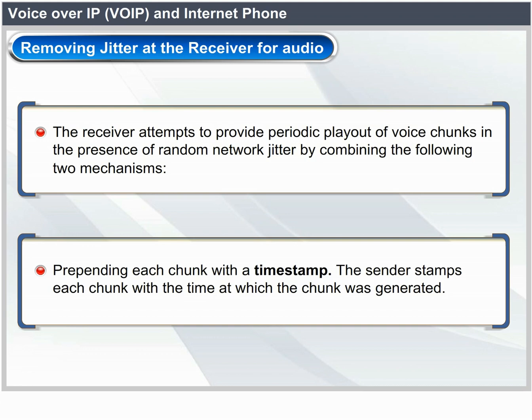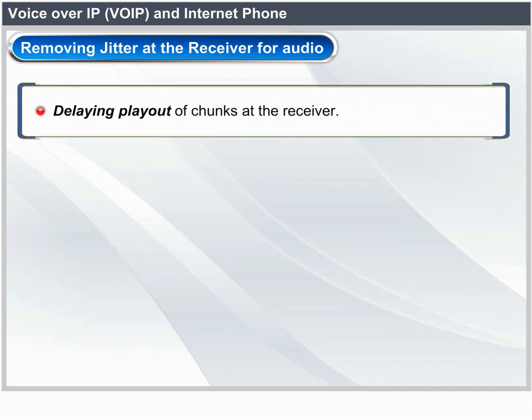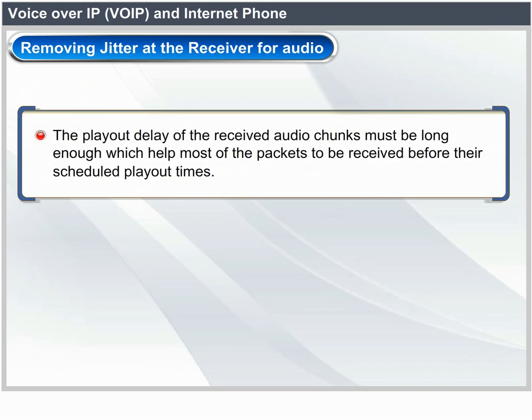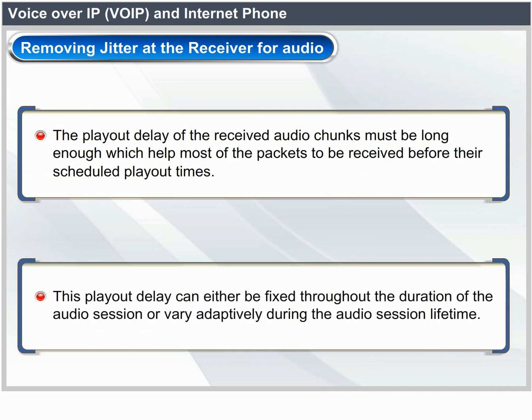Delaying playout of chunks at the receiver: the playout delay of the received audio chunks must be long enough so that most of the packets are received before their scheduled playout times. This playout delay can either be fixed throughout the duration of the audio session or vary adaptively during the audio session lifetime.